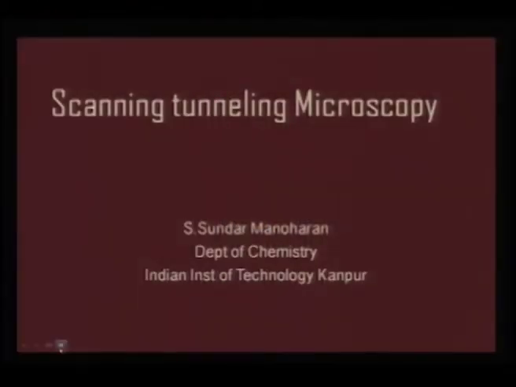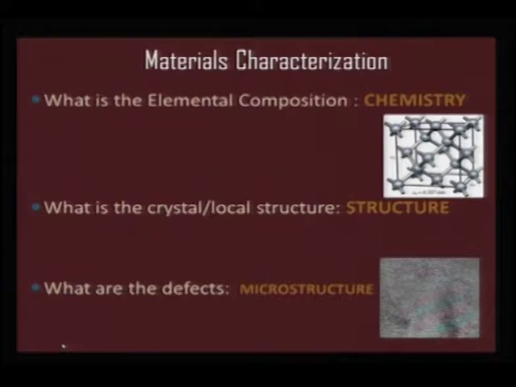Just to recap on what we have seen already, in materials characterization we basically look at chemistry related tools to evaluate the elemental composition. Titrations are the best chemistry approaches to ascertain whether we are making the right type of material or not.